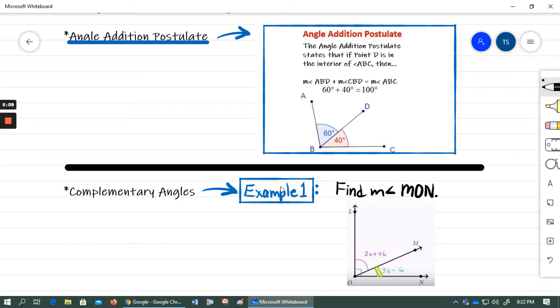So if we write out the angle addition postulate with that, let's go ahead and do that.